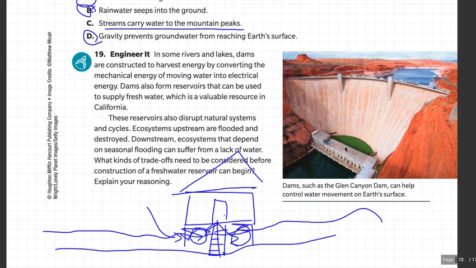It also prevents fish from migrating, and it can kind of ruin entire ecosystems. But again, the trade-off is that a lot of times they're viewed as ruining ecosystems, but they can produce energy, and they also produce recreation a lot of times. They make it possible to go boating and things like that.